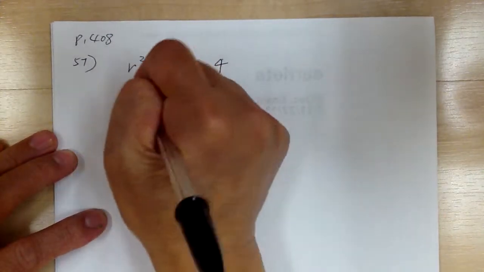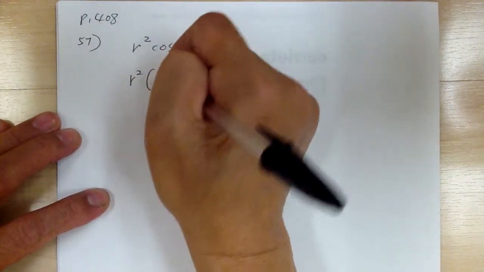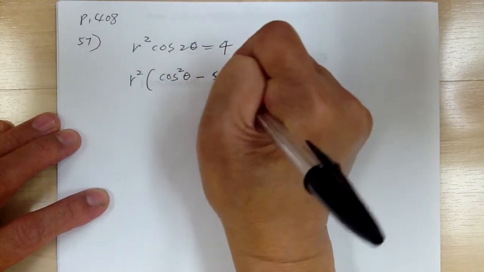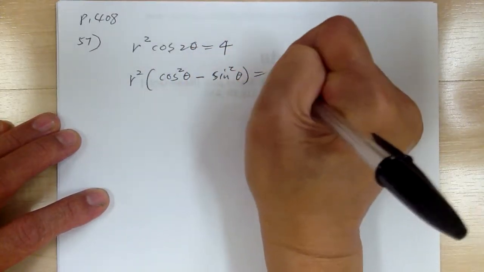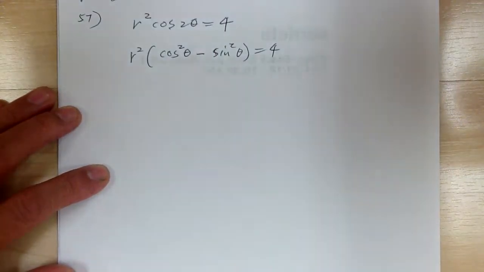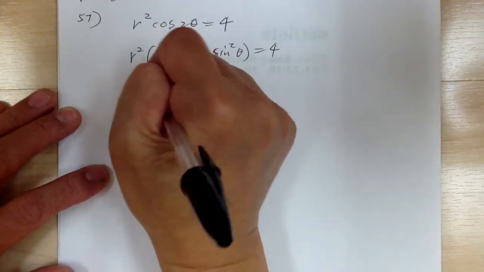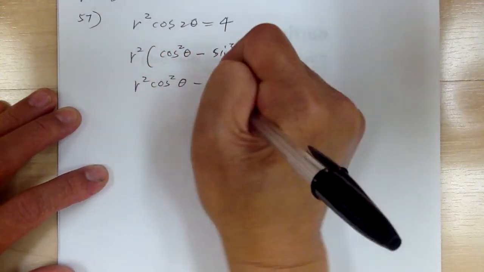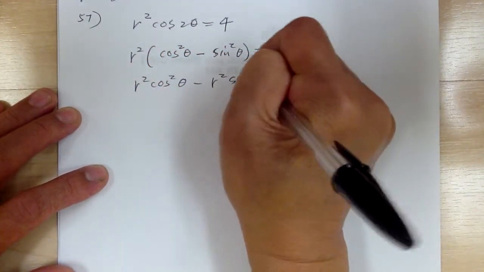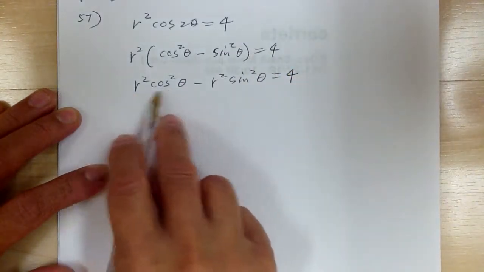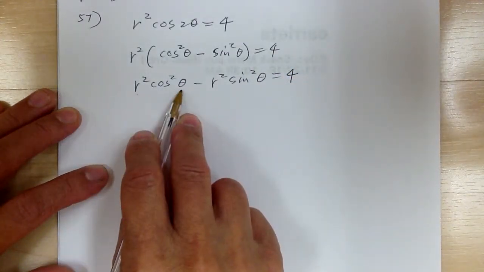So you're going to get r squared times, now cosine 2 theta equal to cosine squared theta minus sine squared theta. So you kind of have to know your identities. So now you distribute, so you get r squared cosine squared theta minus r squared sine squared theta equal to 4.